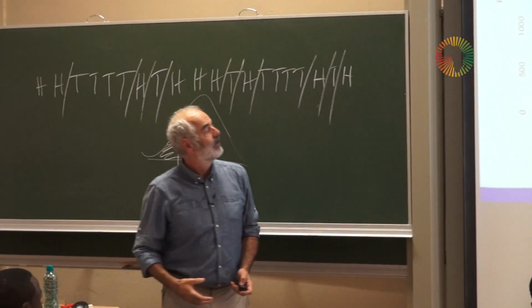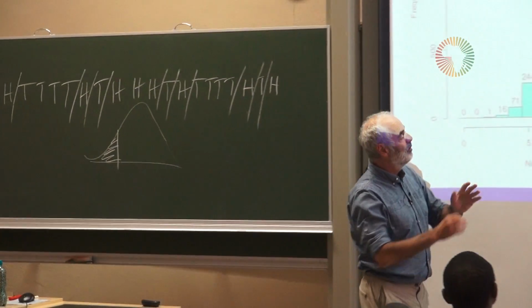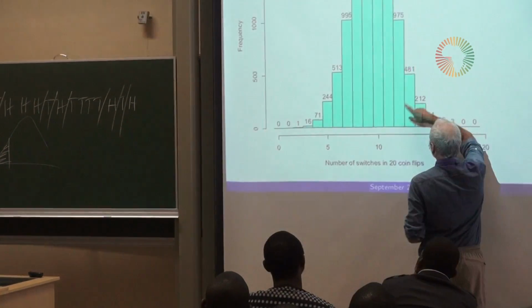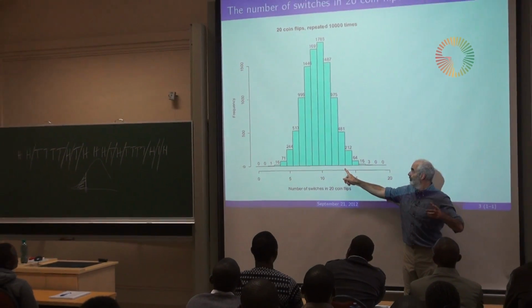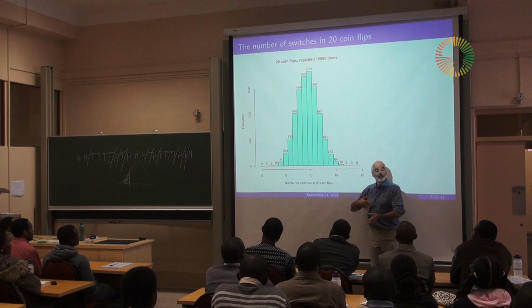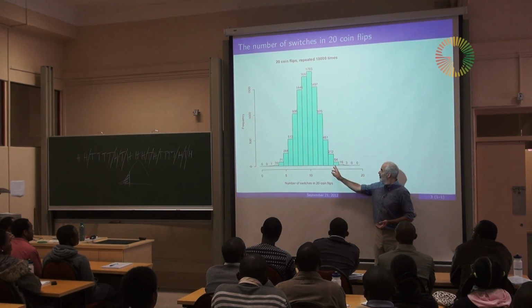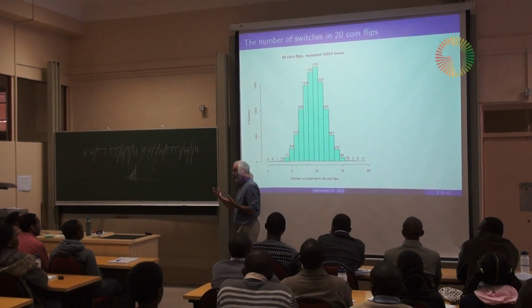Similarly for the number of switches, when people make up sequences, they often put in 13 or 14 switches, lots of short runs. And that's very unlikely to occur in a real sequence. So again, if you observe things here, it makes you doubt whether the coin is real.